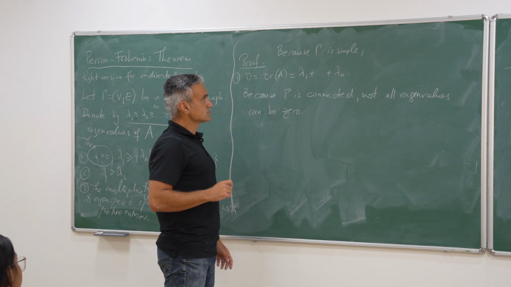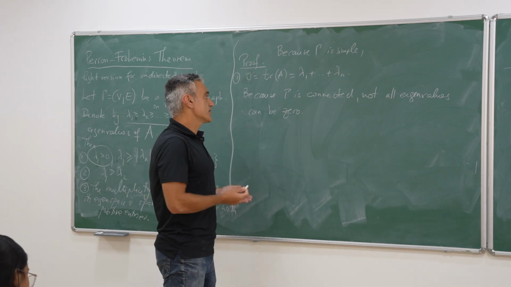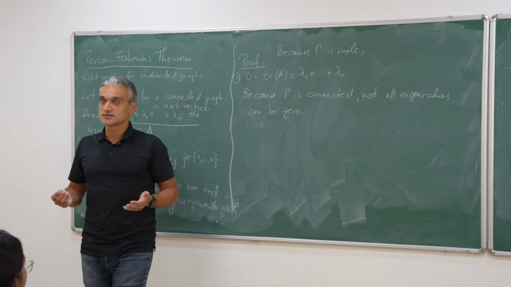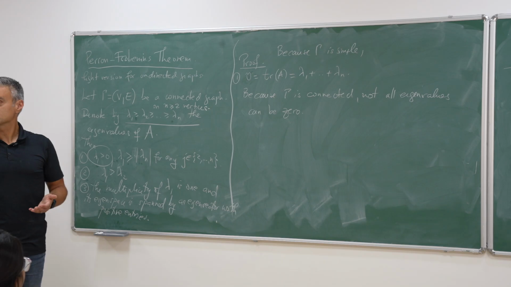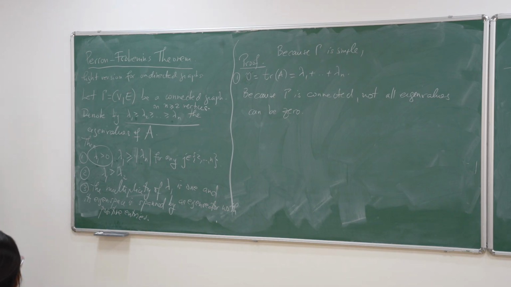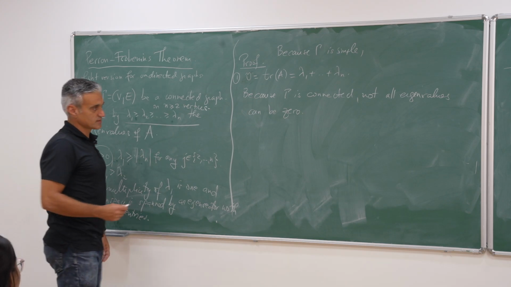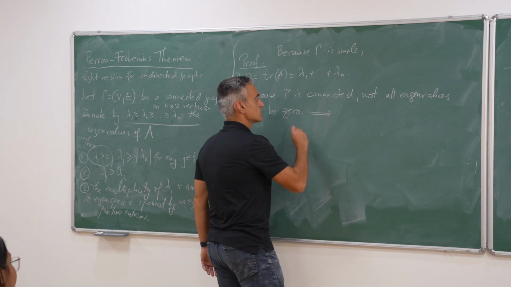And why can't you have lambda 1 be 0 and everything else negative? The sum should be 0, so that implies everything. Sum is 0. Yes, there you go. Okay, so from here, figure out the details.